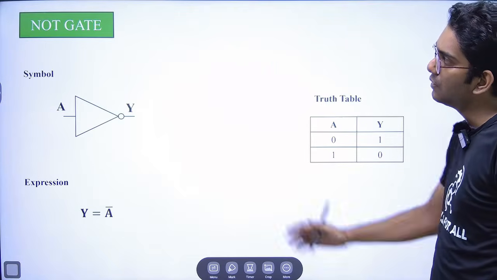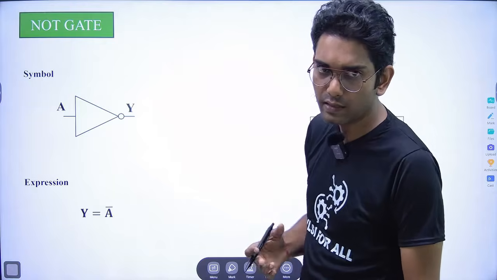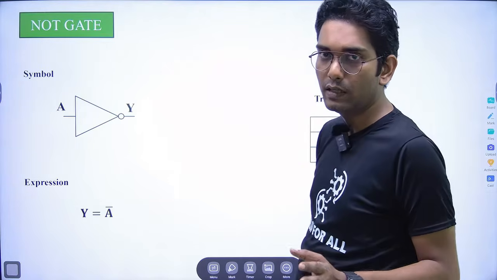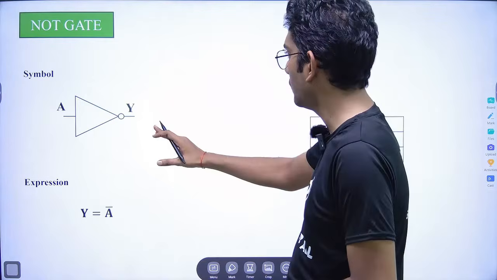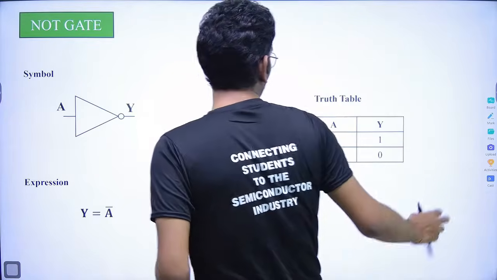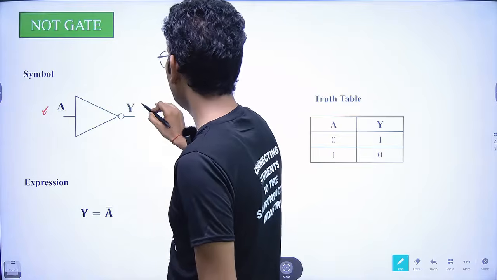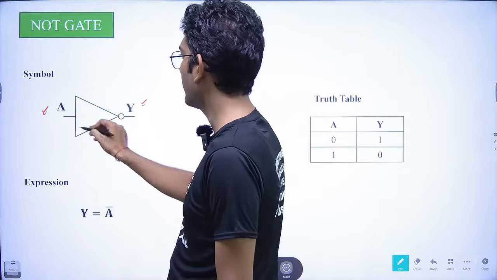Now coming to the NOT gate. Okay. So in the starting of the lecture, I had told you that in the logic gates there are two or more than two inputs. Fine. But in the NOT case, this is the exception. Here only one input is present, and we are getting Y as the output. Fine. This is the basic symbol, a triangle with a dot.